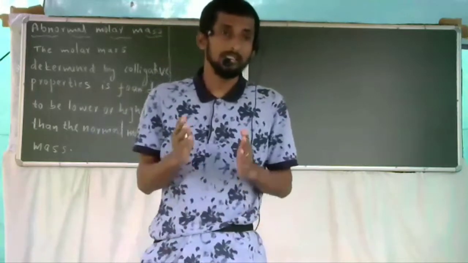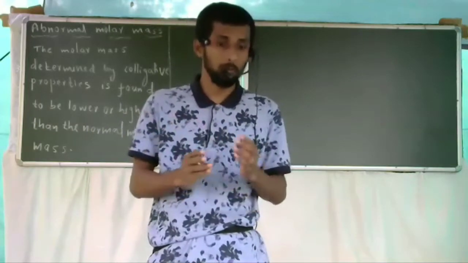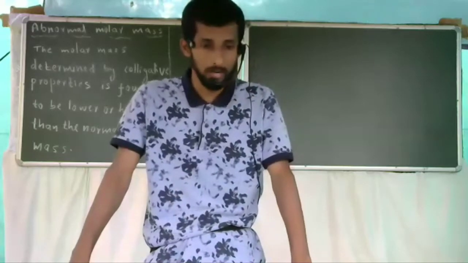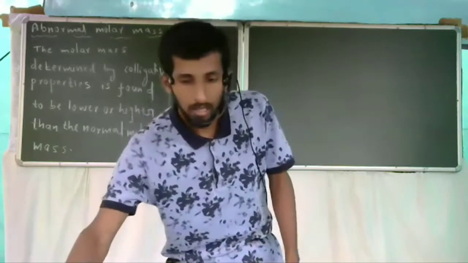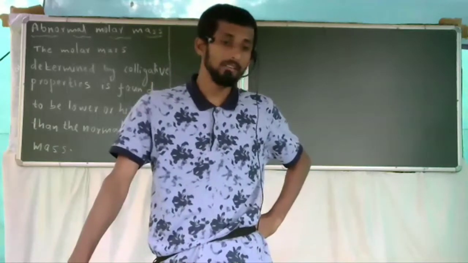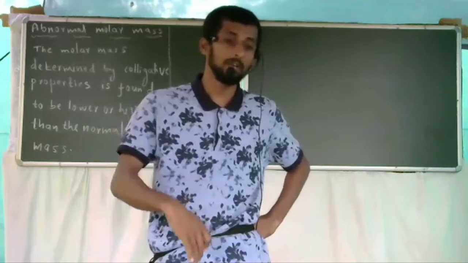We theoretically assume one molar mass for the non-volatile solid. If you take sodium chloride, the theoretical molar mass of sodium chloride is 58.5, right? But if you calculate that molar mass experimentally, we get half of that value.